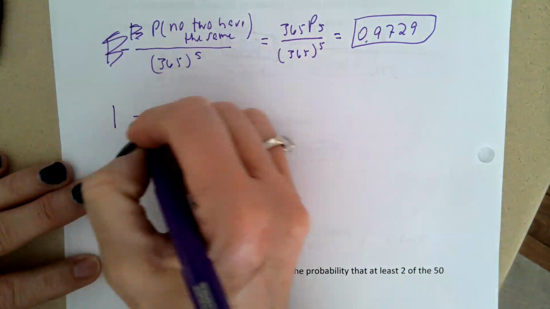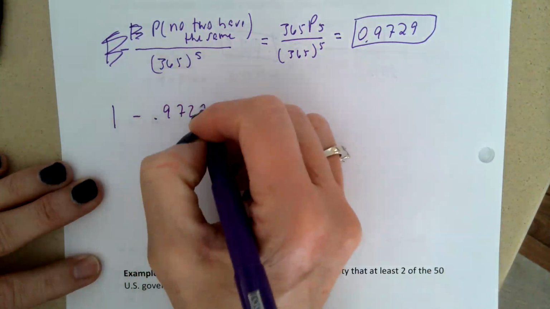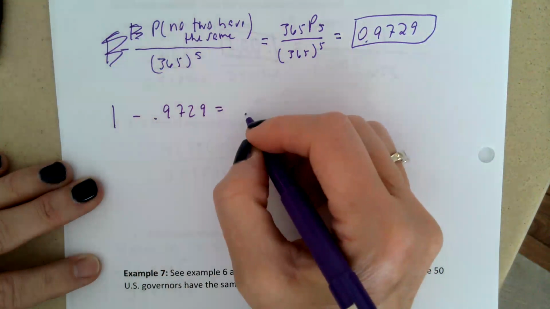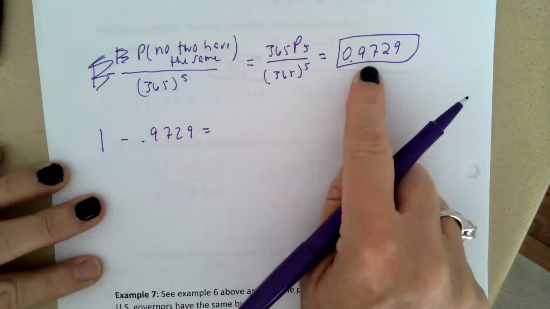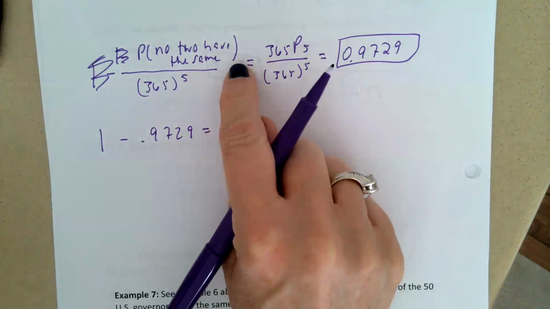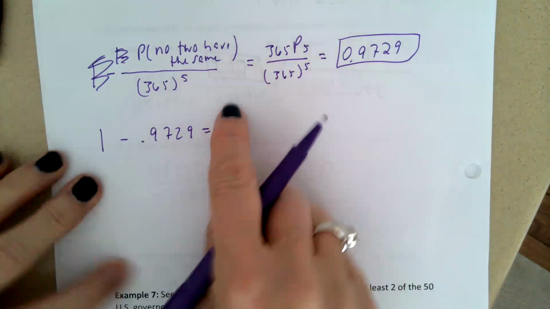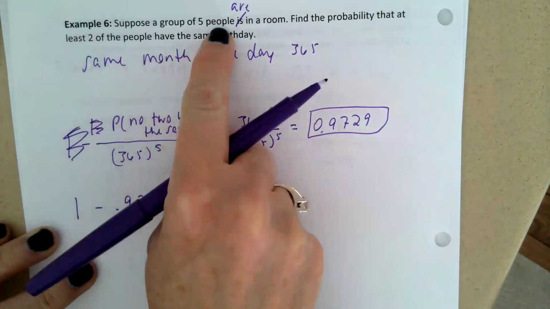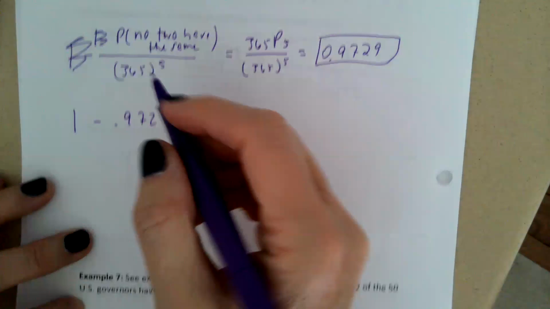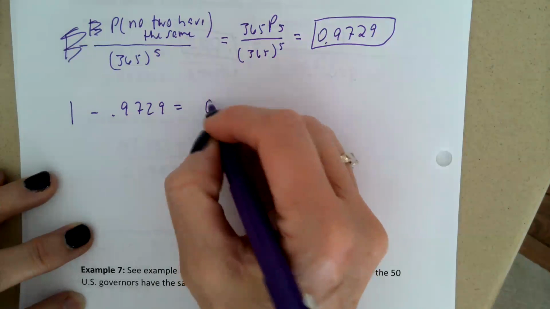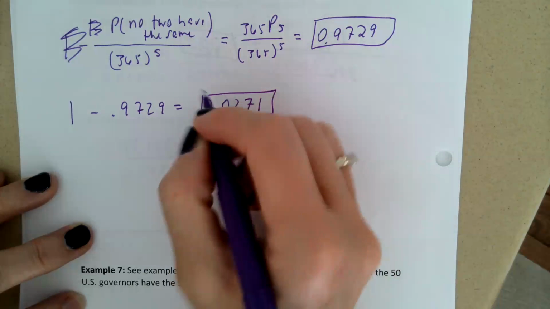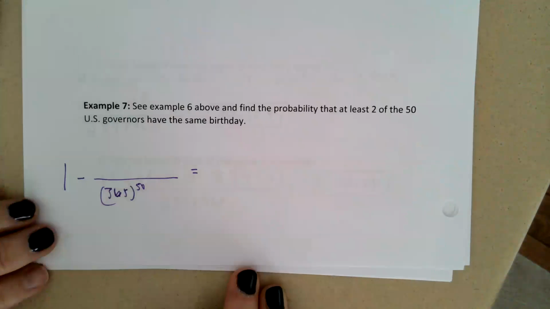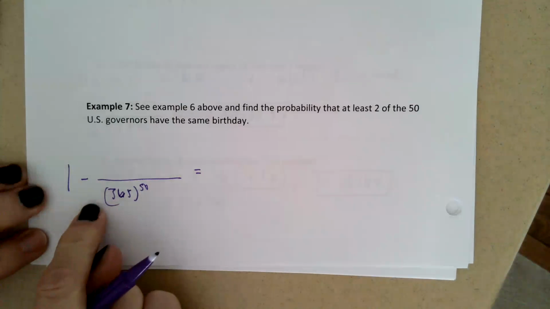So we have to do 1 minus 0.9729. I miswrote that. So 97% is a probability that no 2 people have the same birthday. And we wanted at least 2 people to have the same birthday out of 5. So that would be 1 minus that, which would be 0.0271. Sorry about that. Okay. I had my 1 in the wrong place.